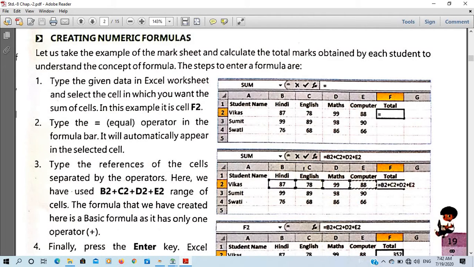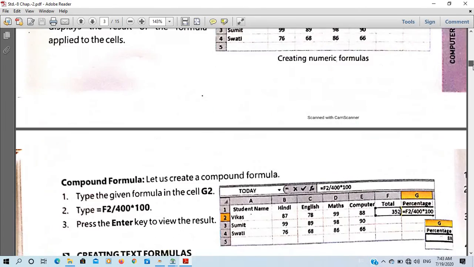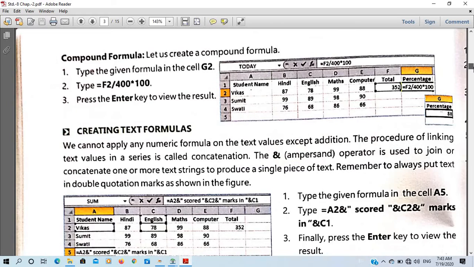The question will come, what is the main difference between numeric formula and text formula? I am telling you exactly what the difference is. Numeric formula are the formula that is used to do operation over the numbers, and it does the calculation of numbers. But a text formula, that we are going to learn ahead, that is the starting topic today.